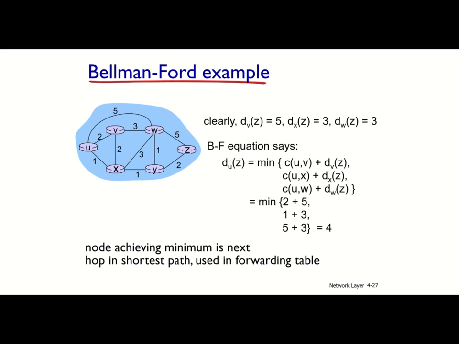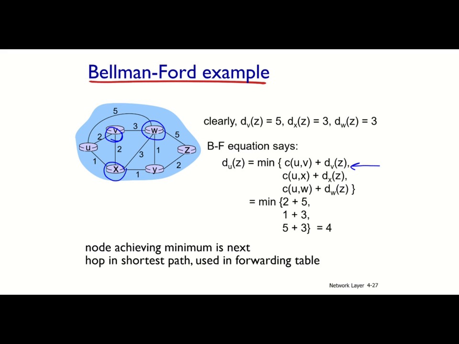In order to find the shortest path from node u to node z, it uses the minimum equation that we saw in the previous slide to find the shortest path between node z and the neighbors of u. As you see, the neighbors of u are v, x, and w.